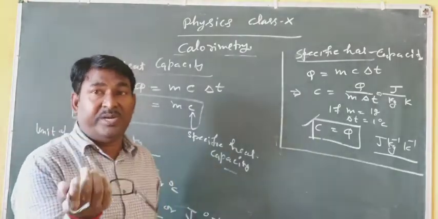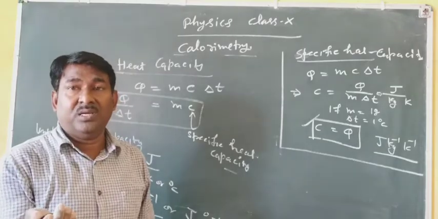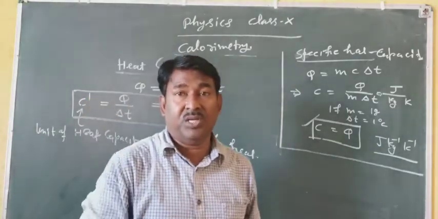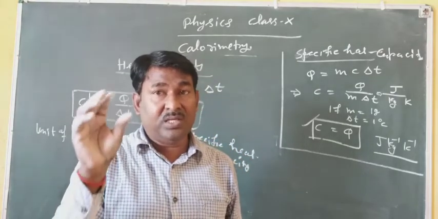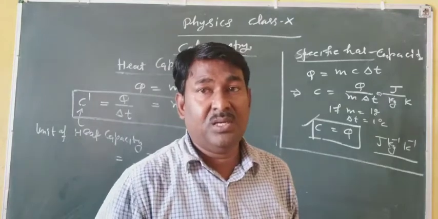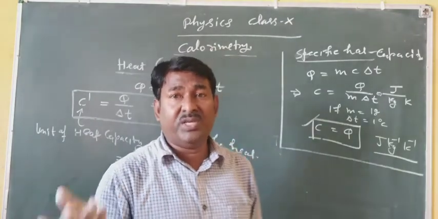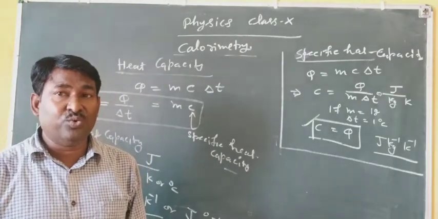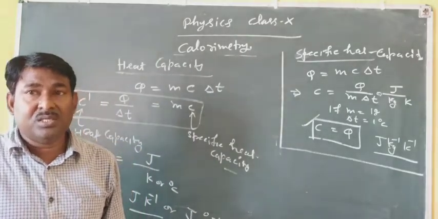Already I have explained to you. In difference you can write: heat is the total internal energy of the body, or the total internal energy of all molecules of the substance, while temperature is the average kinetic energy of each molecule of the substance.